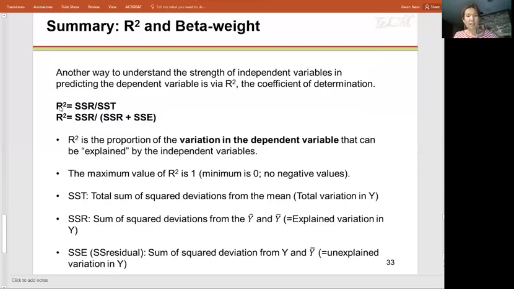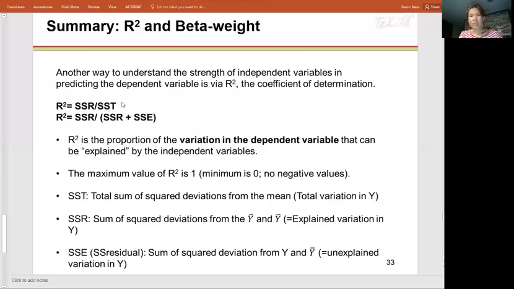R square is the proportion of explained variation over total variation. Some people can be confused with this formula very often. I saw that kind of occasion.